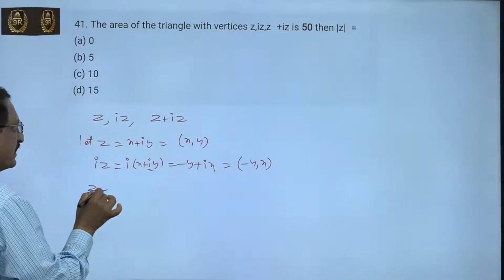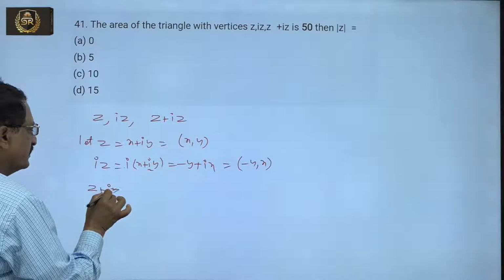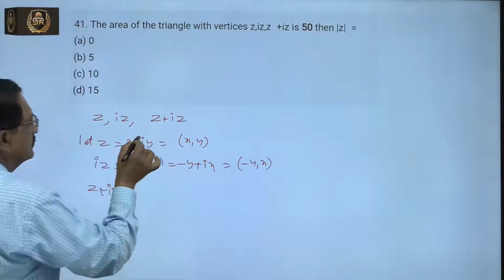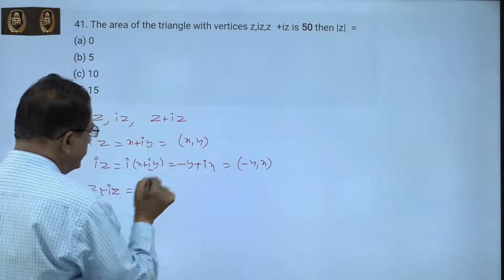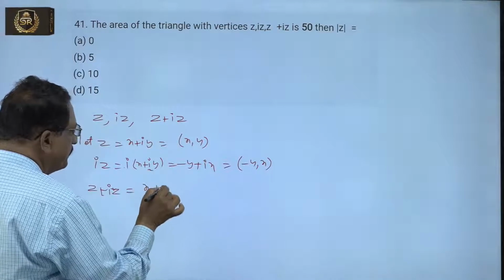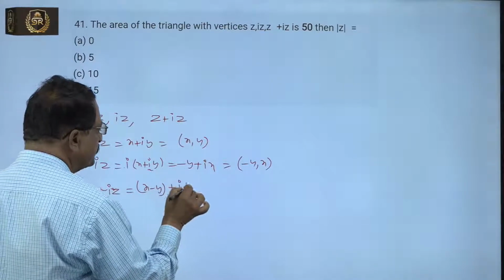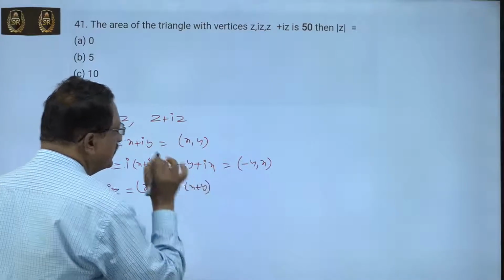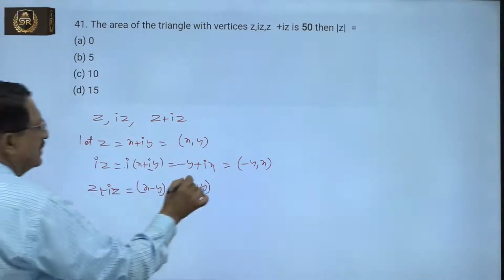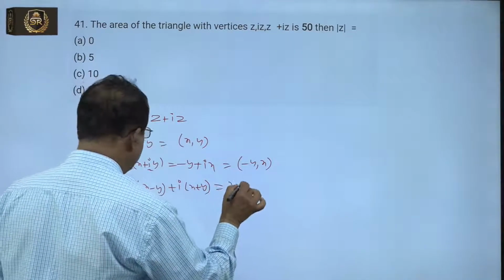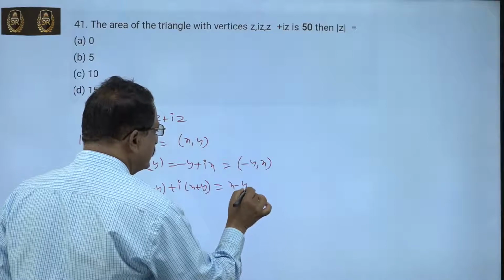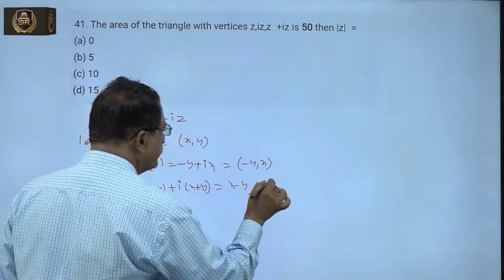Next, Z plus iZ, add these two. How much do you get? x minus y plus i times (x plus y), or in ordered pair (x minus y, x plus y).